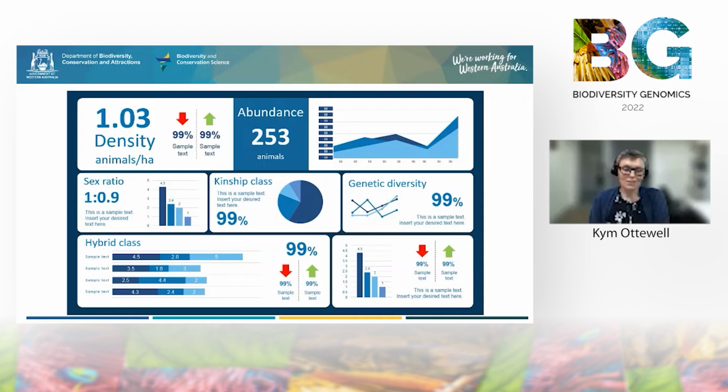I've just done a mock-up of a scorecard type report that I can see this type of information being used in, in our ongoing reporting in terms of conservation management of threatened species, and integrating this into workflows for conservation managers.